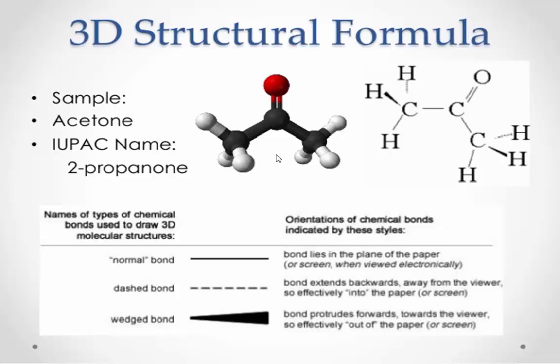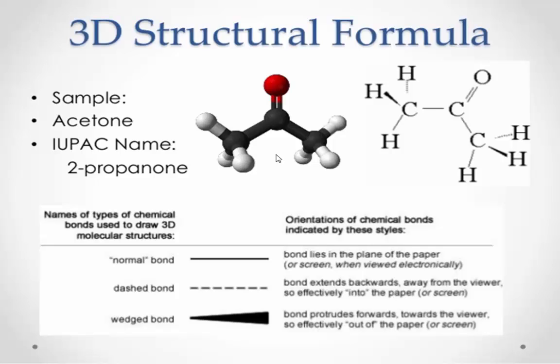In the structure of bond, in the wedge and broken line method, it contains 3 types of bonds. One is normal bond or simple bonds, another one dashed bonds, and another one wedge bond.